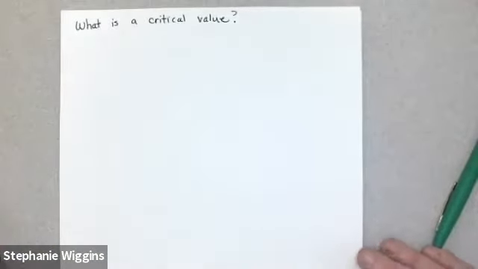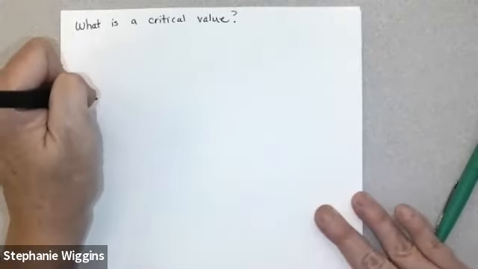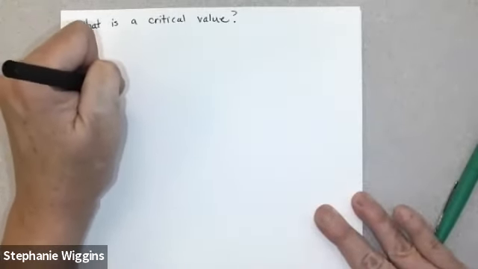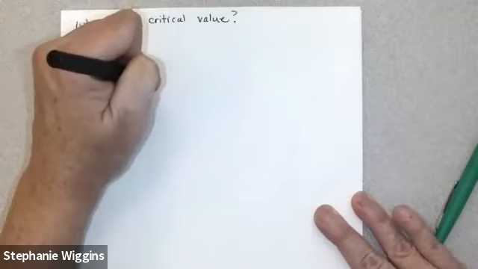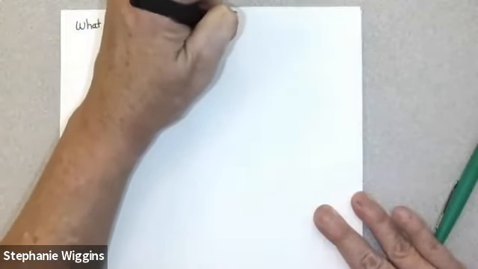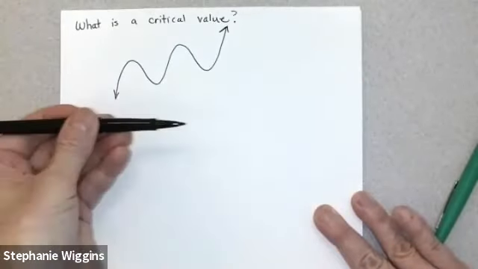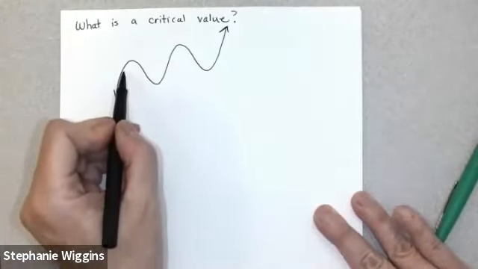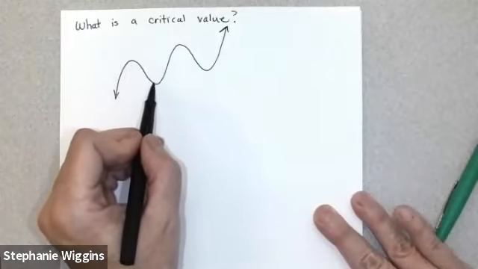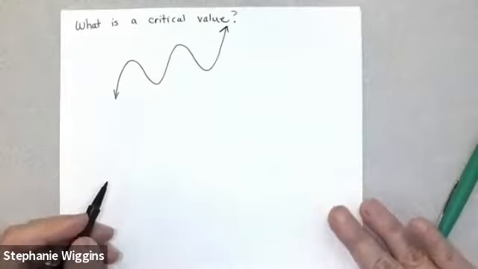So to understand what a critical value is, let me just draw a picture, okay? Here we have a function that starts out, and remember I'm going left to right, so it starts out increasing, then decreasing, then increasing, then decreasing, then increasing, okay?